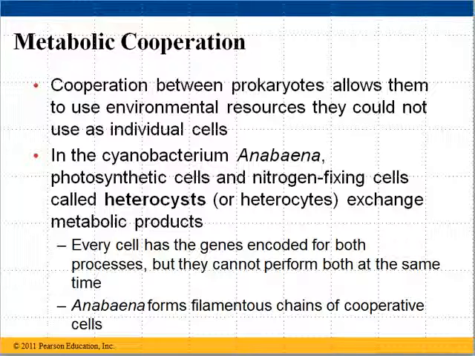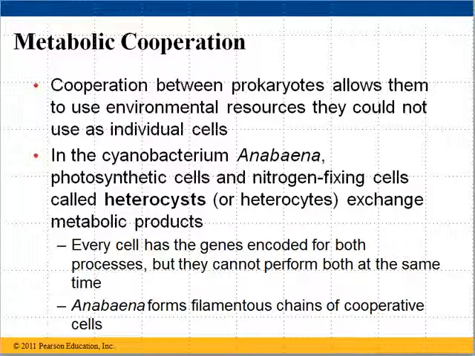So they work together and form these long filamentous chains of cooperative cells. It's almost like this is a very primitive form of multicellular life. It's thought that perhaps this is the way that multicellular life first began, where these single cell creatures began to cooperate and work together for the benefit of them all.